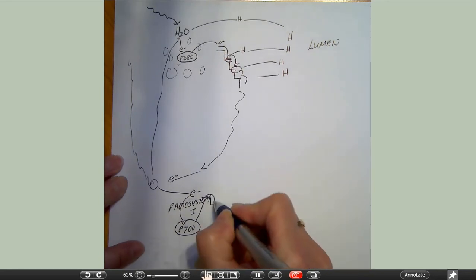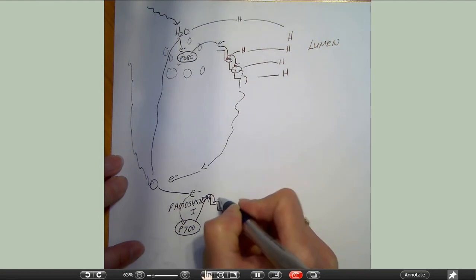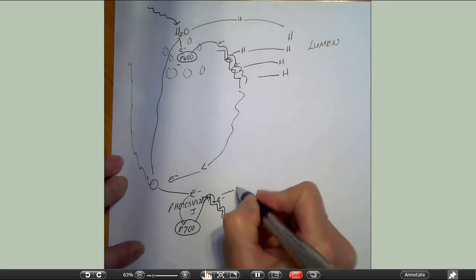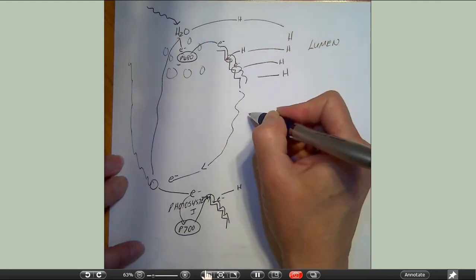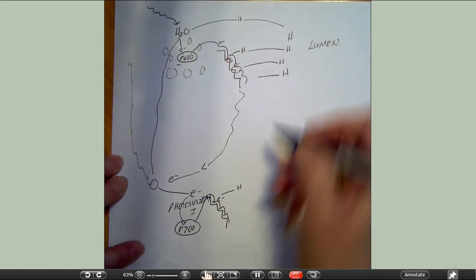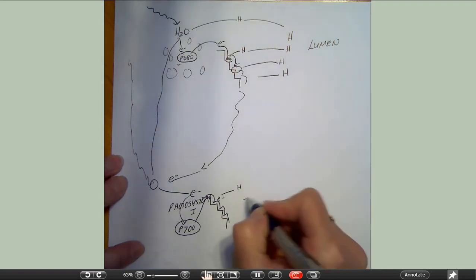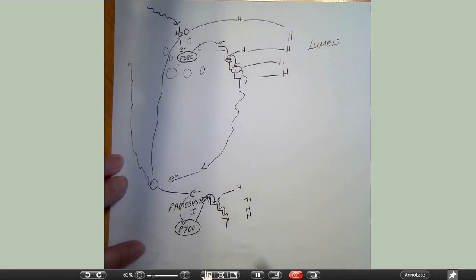Each time it goes down the chain, it will lose energy, just like it did in photosystem 2, and a hydrogen will come off, just like in photosystem 2. The difference is that these hydrogens do not go to the lumen, they just sort of hang around the electron transport chain. At the bottom of photosystem 1 is a molecule called NADP.